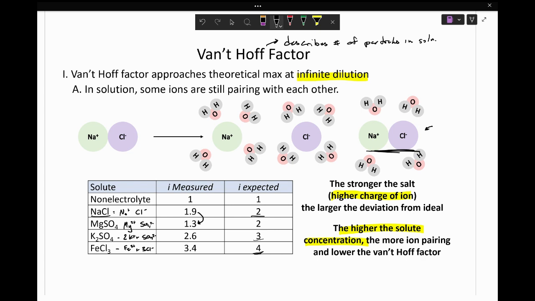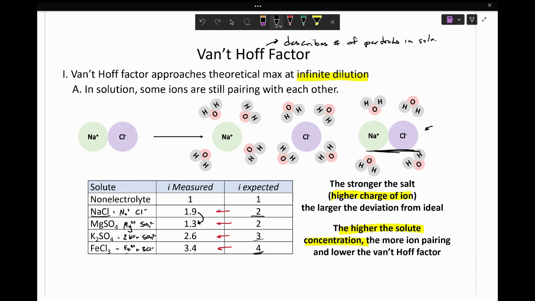And we also have, in the case of potassium sulfate and iron 3 chloride, at least one ion has a larger charge than 1 plus. But you could see in all of these cases that we always have some slight deviation from our expected Van Hoff factor to an actual measured, realistic Van Hoff factor.